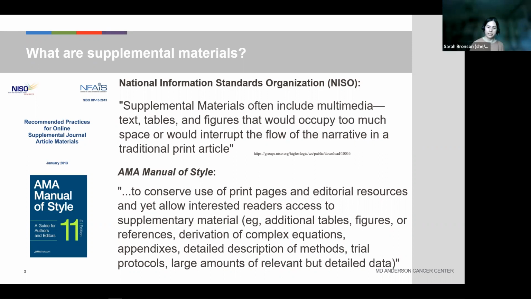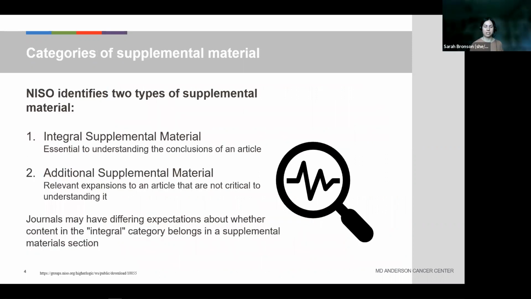And we're going to dig in now to the NISO framework for understanding these two types of supplemental material. There is integral supplemental material, and that is, quote, essential for the full understanding of the work by the general scientist or reader in the journal's discipline, but it is placed outside the article for technical, business, or logistical reasons.